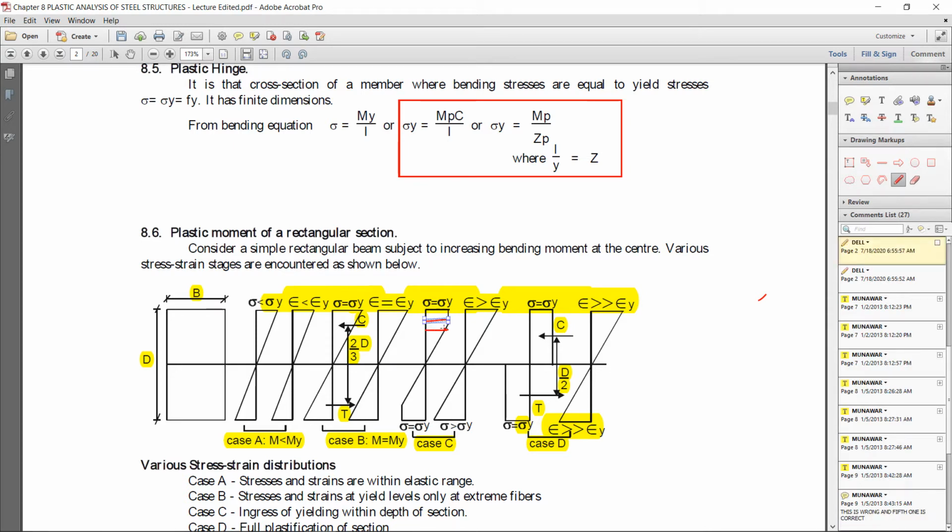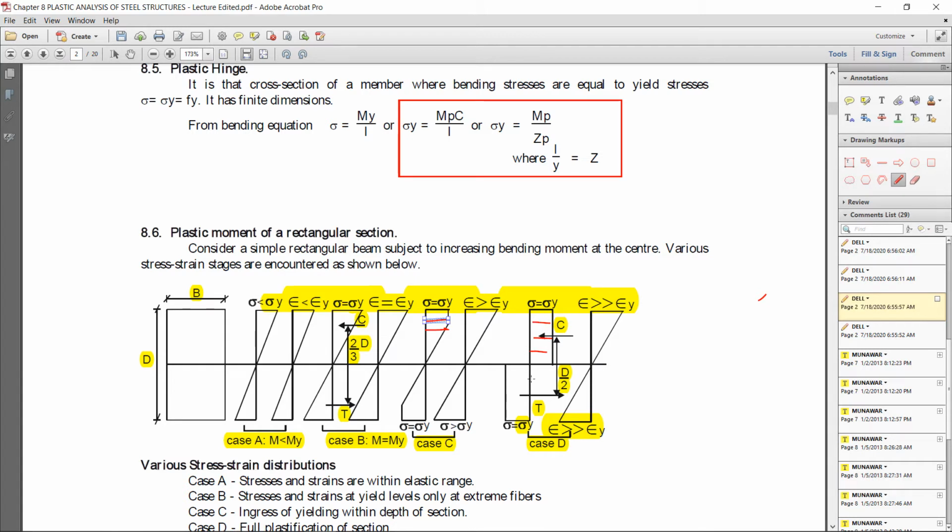Here you can see in the fourth case the yielding continues until it reaches the neutral axis. Now the whole section is yielded, starting from the top until it reaches the neutral axis.